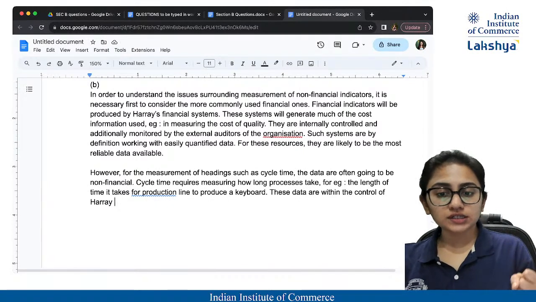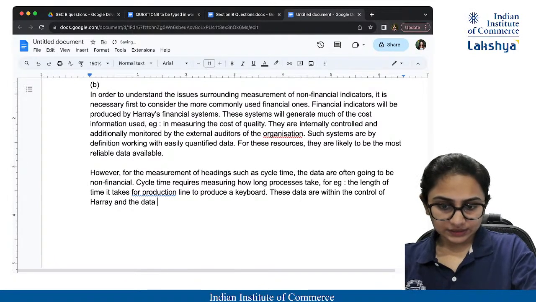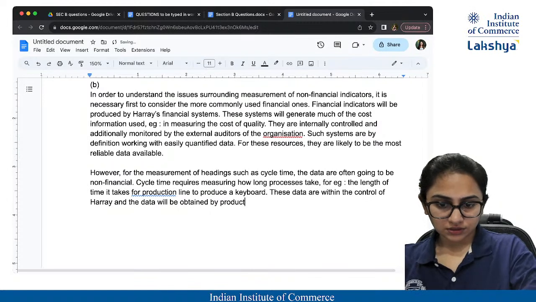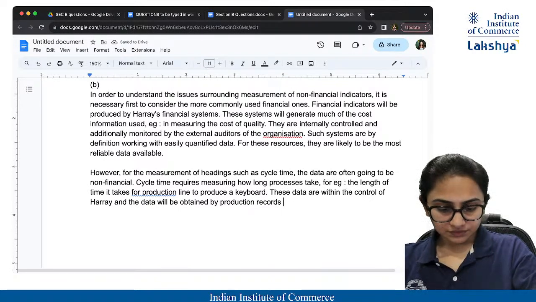So it is all under the control of Harry, and the data will be obtained by production records and interviewing the key personnel.